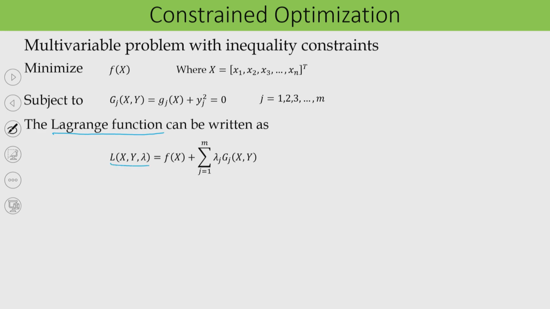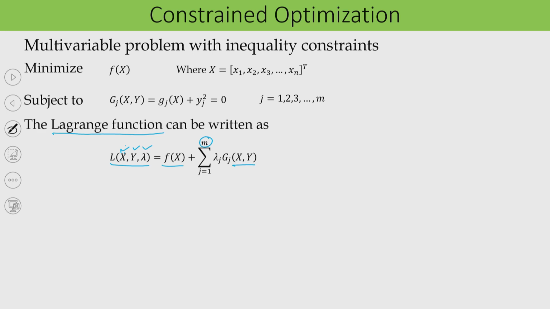This is L, the Lagrange function, which is a function of x, y and lambda, equal to small f(x) plus, since we have a total of m constraints, the summation of j equal to 1 to m of lambda_j Z_j, which is a function of x and y.